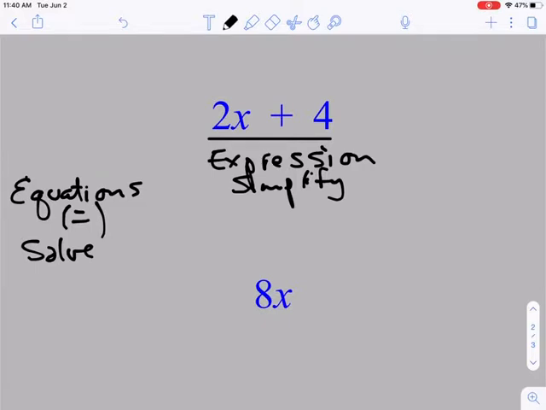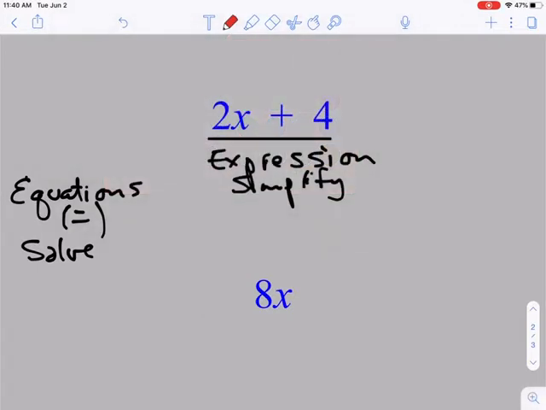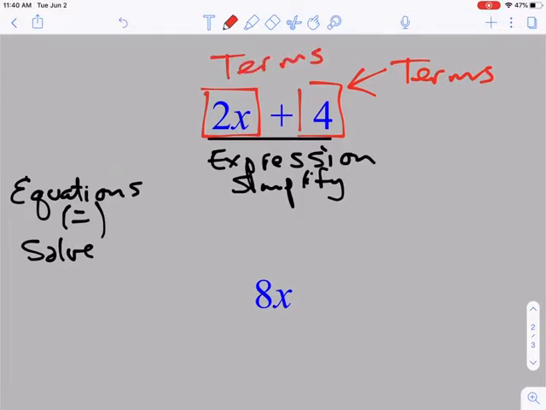So within the expression, there's some other really important terms we've got to talk about. The first thing is that an expression is made up of things that are called terms. So 4 is a term, 2x is a term, and then it will also have the connectors, as I like to call them, and these are called operations.